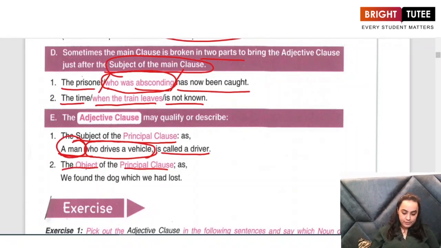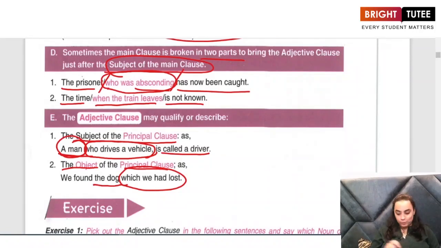For example, we found the dog which we had lost. What is the adjective clause? Which we had lost. And what is which we had lost describing? The dog, which is the object of the principal clause. So my adjective clause can be used to either describe the subject of the principal clause or the object of the principal clause.